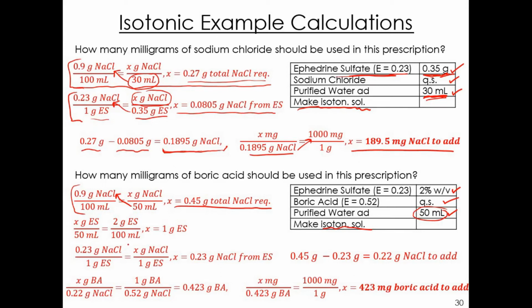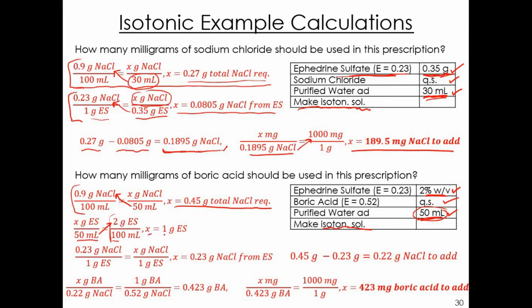In the next step, we account for the ephedrine sulfate contribution. So we have a concentration this time. That means that we have to find the amount first using the total quantity and the concentration. So concentration is 2%, 2 grams per 100 mil. How many grams are in 50 mil?